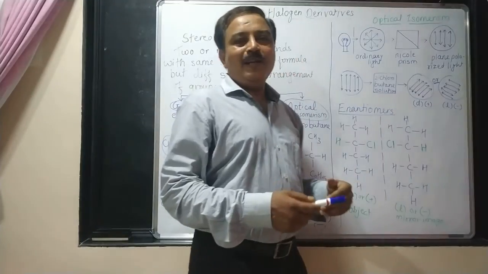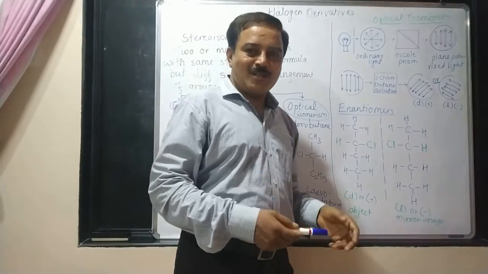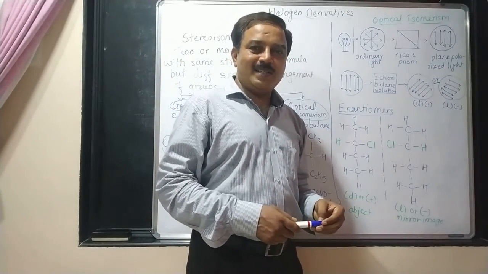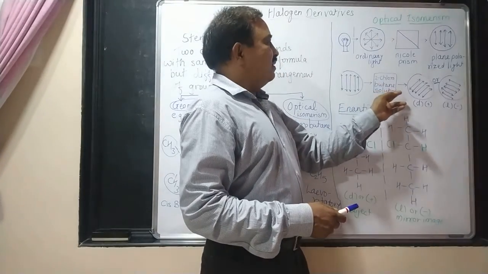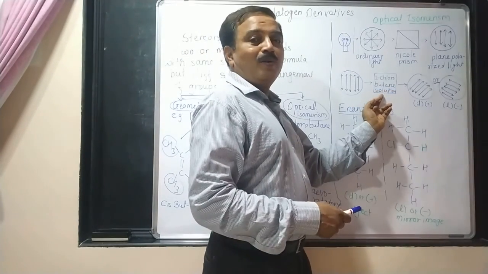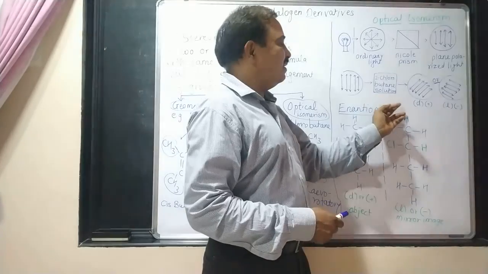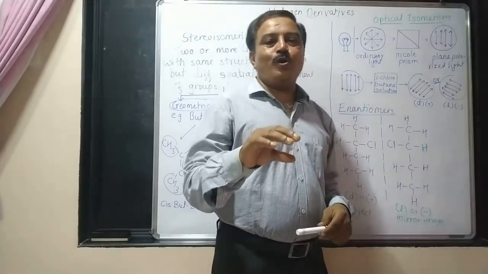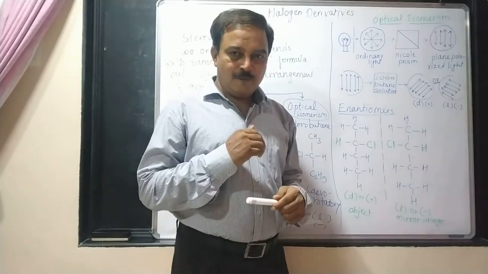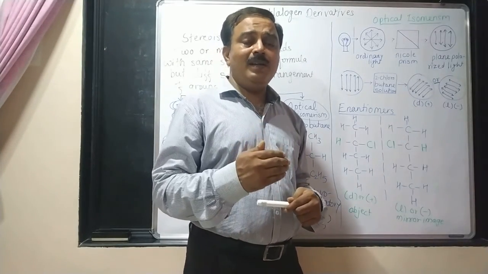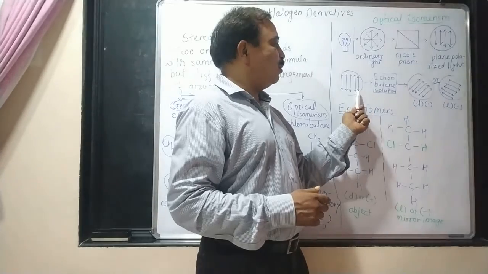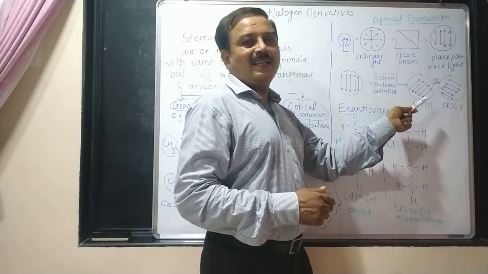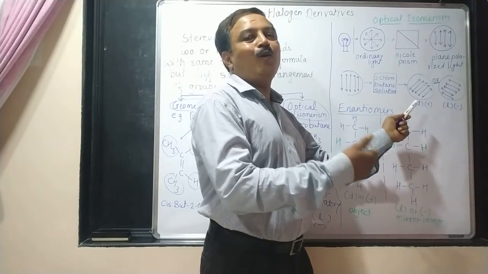So according to the property of rotation of plane polarized light, these organic compounds are again defined as dextrorotatory and levorotatory. A dextrorotatory compound is one which is able to rotate plane polarized light to the right, or in a clockwise direction.